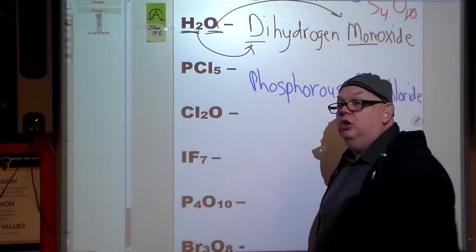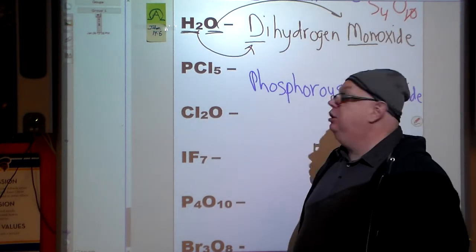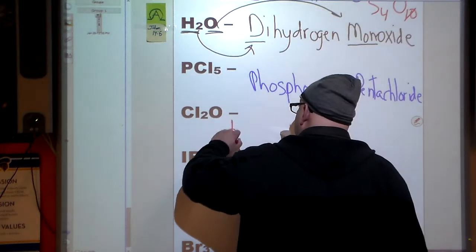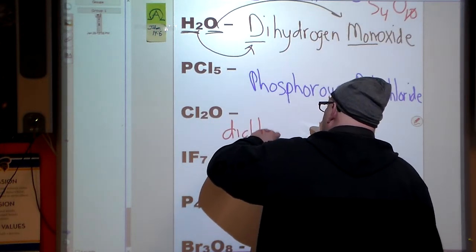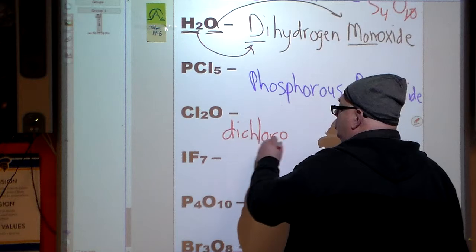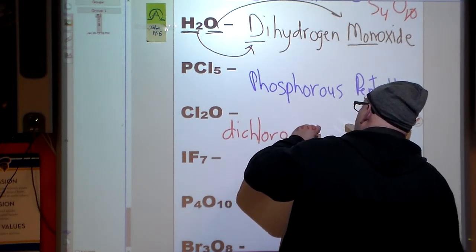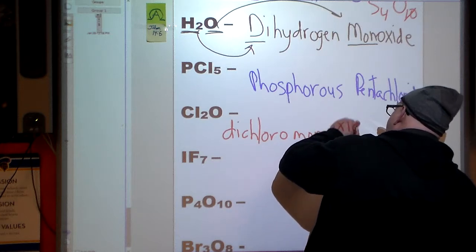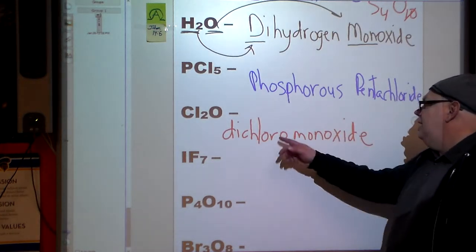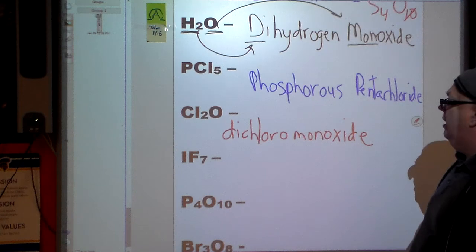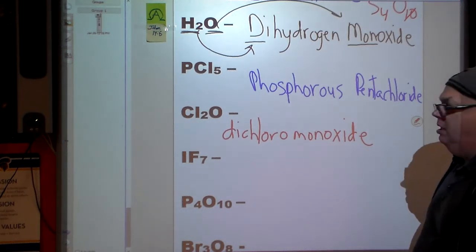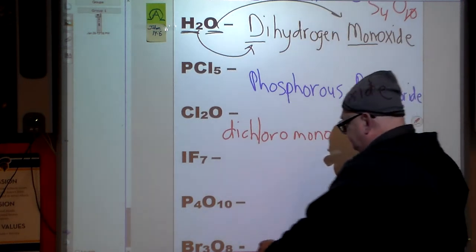Won't it be dichloride? It's going to be dichloro. So I've got my 2 chlorines, and then I have a monoxide. So that's a dichloromonoxide right there. Okay?